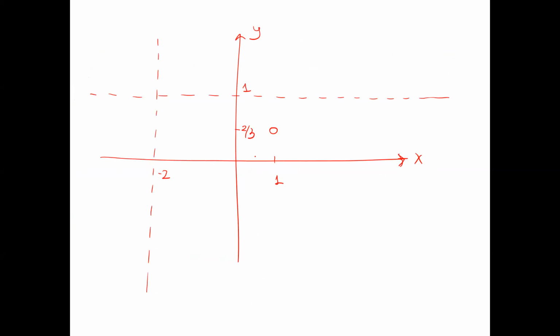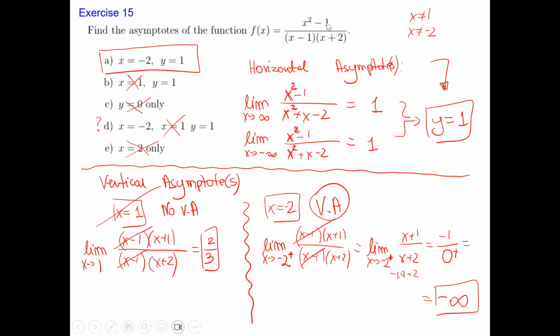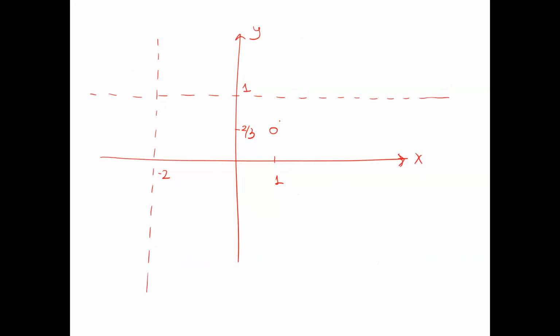And what is the y-intercept? When x is 0, we will have (-1)(1) over (-1)(2), which is 1/2. Oh, where is 1/2? 1/2 is lower than 2/3, correct? This is 2/3, this is 1/2.